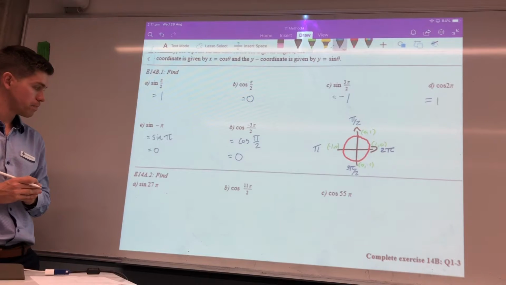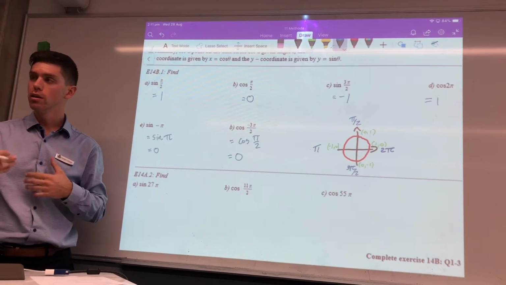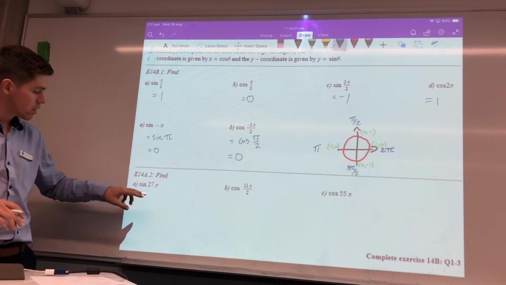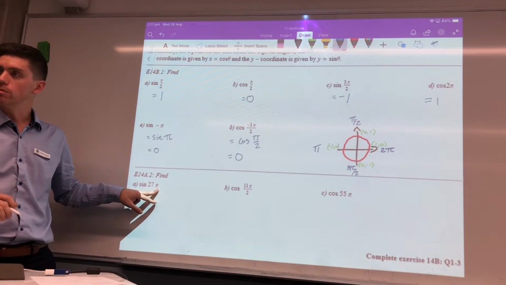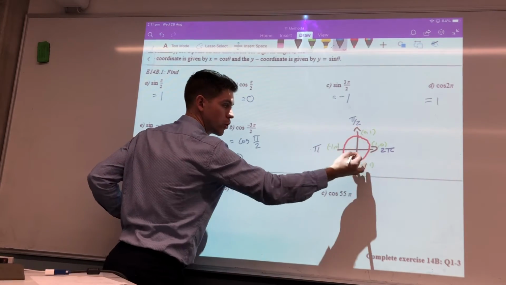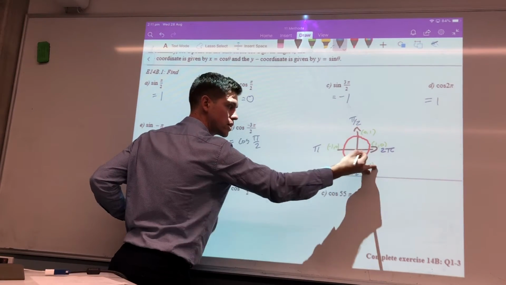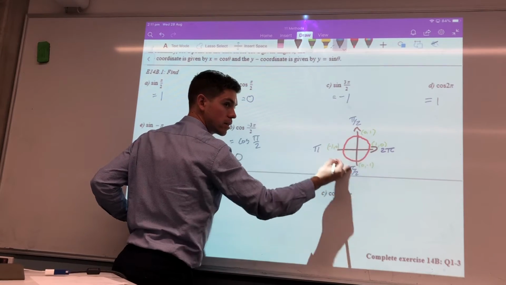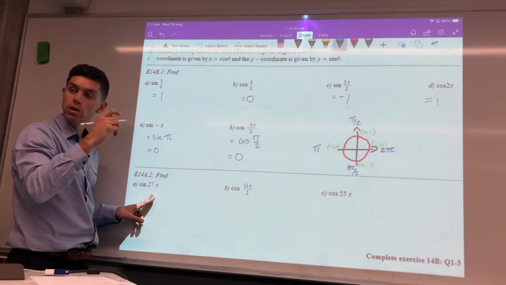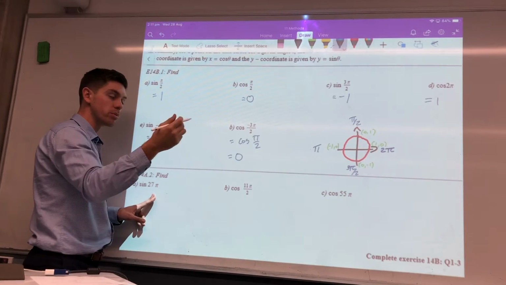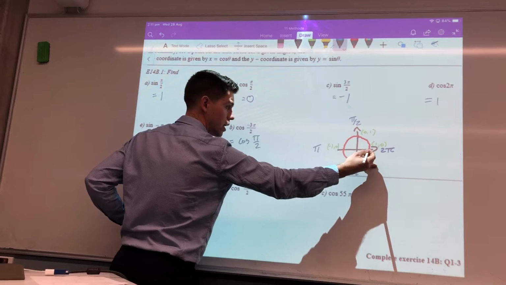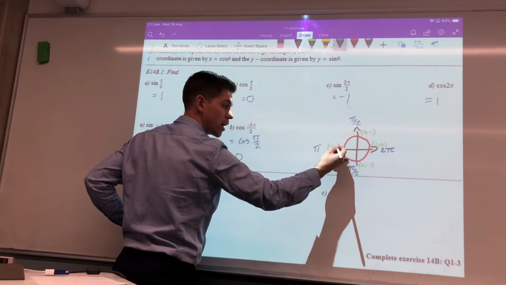Okay, so now we start to touch on the symmetry properties of circular functions. What can we say about sine of 27 pi? What does it actually mean? It means that we've rotated through 2 pi, 4 pi, 6 pi, 8 pi, 10 pi, all the way through to 26 pi, which we know is a multiple of 2, which means that 26 pi is going to be all the way here, and then we've got an extra pi.